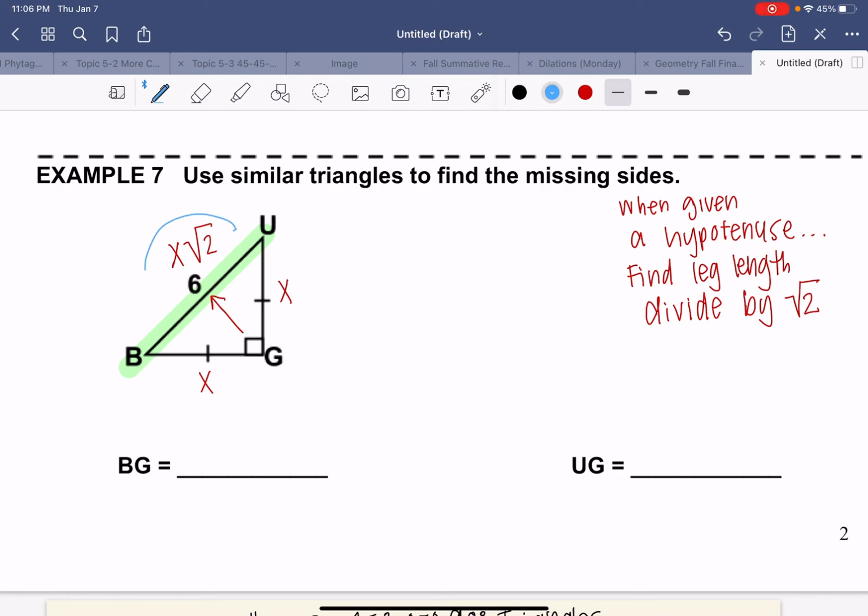Because our given, the number 6 right here, the given to this problem, is on the same segment as the hypotenuse, that means that x times the square root of 2 equals 6. And then in order to find the leg lengths, I'm just going to divide by the square root of 2. Therefore, x, which is our leg lengths, equals 6 divided by the square root of 2.